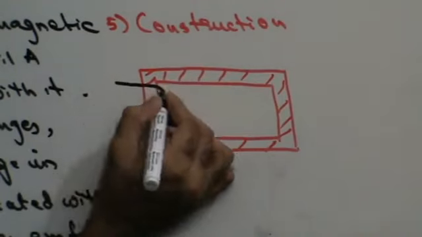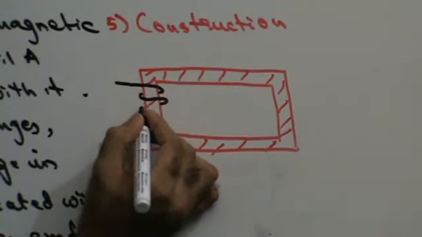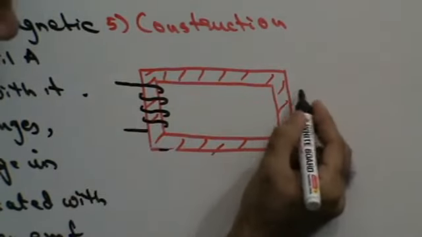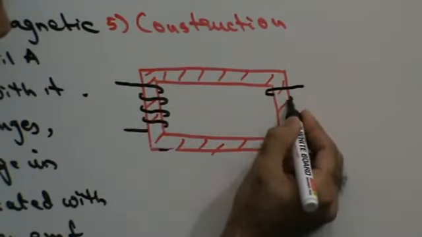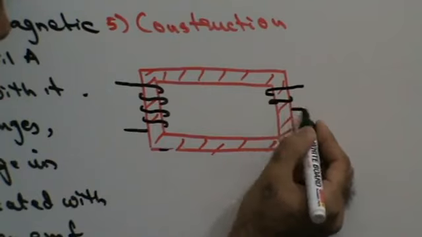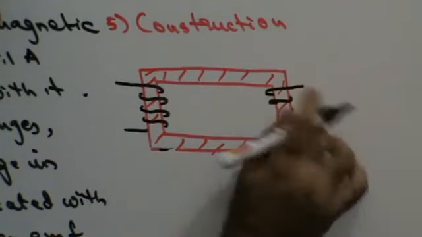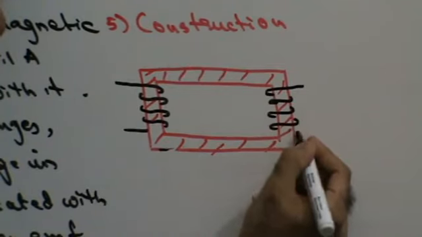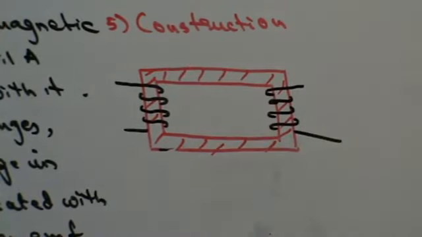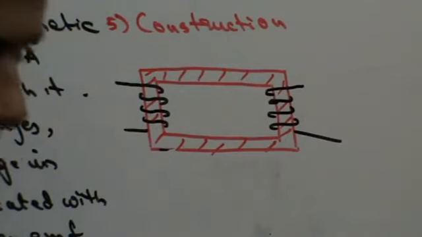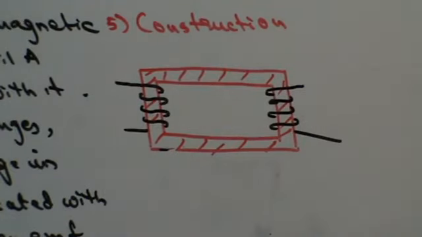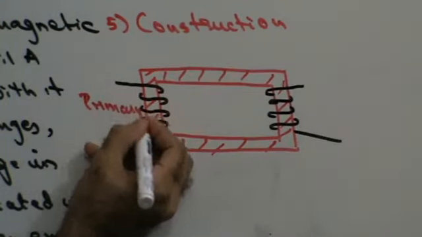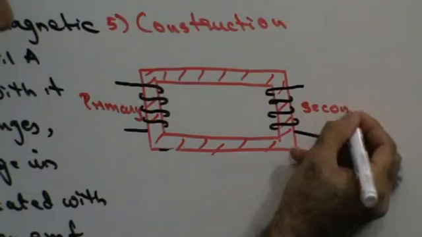You have a coil wound on one arm and another coil wound on the other arm. One would be called the primary, and the other would be called the secondary.